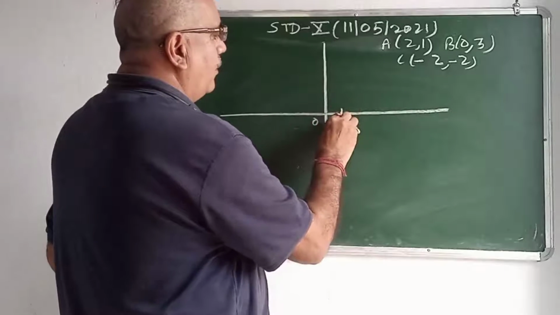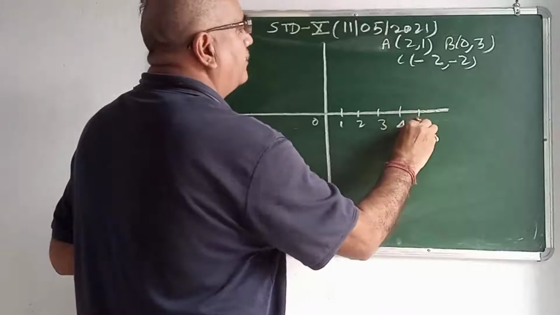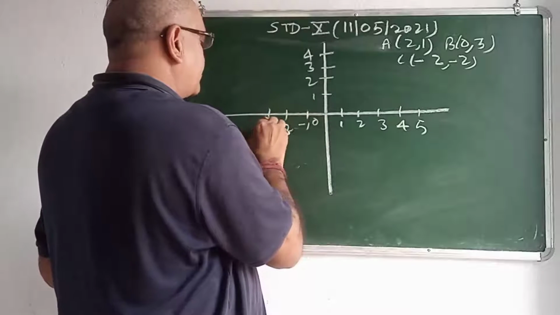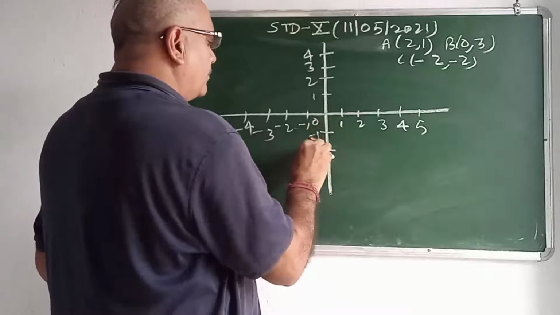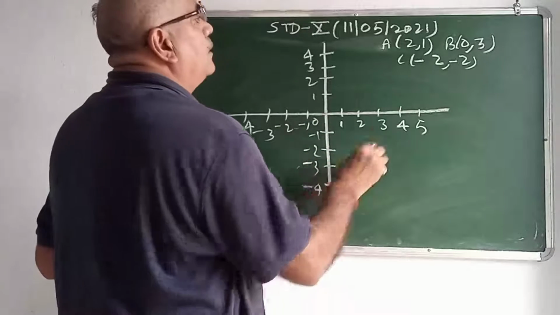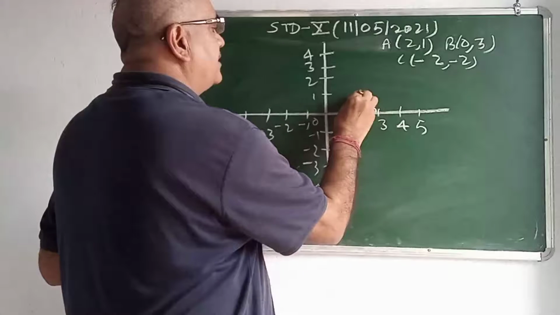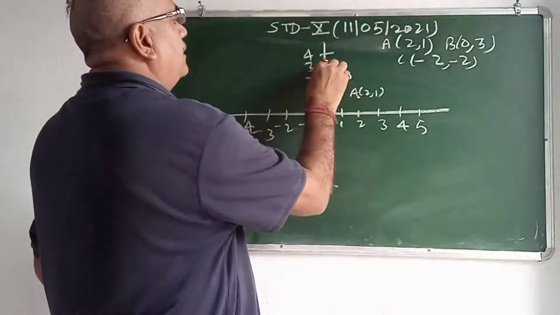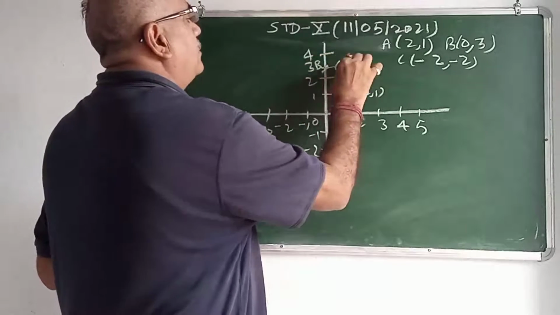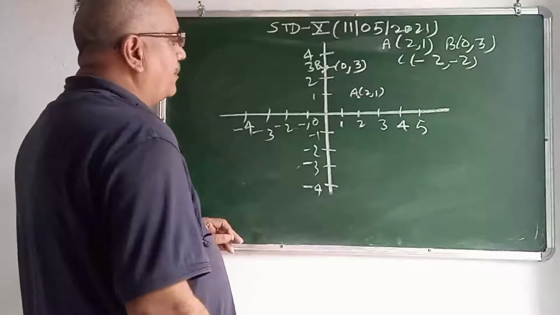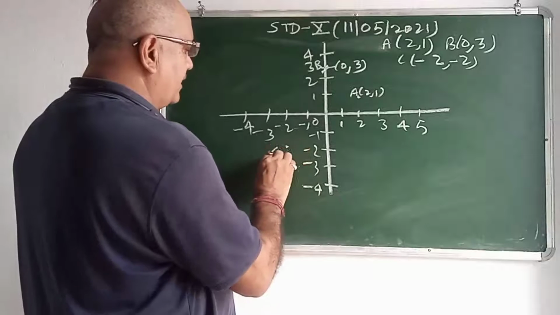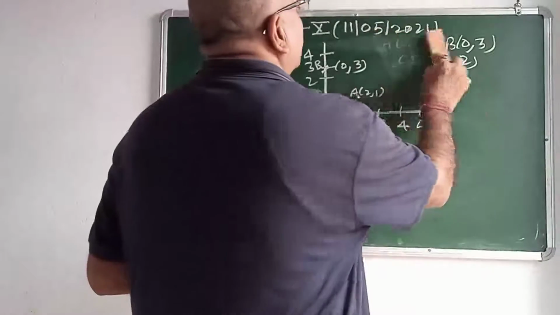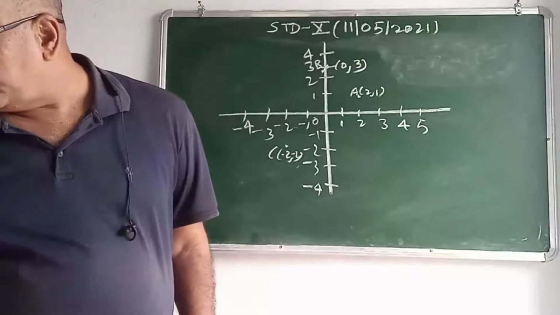Origin, 1, 2, 3, 4, 5, and 1, 2, 3, 4, then -1, -2, -3, -4 on both axes. Now point A (2, 1), this is A. Point B (0, 3), this is B. Point C (-2, -2), this is the point C. After locating these points on the graph paper, what do you have to do?